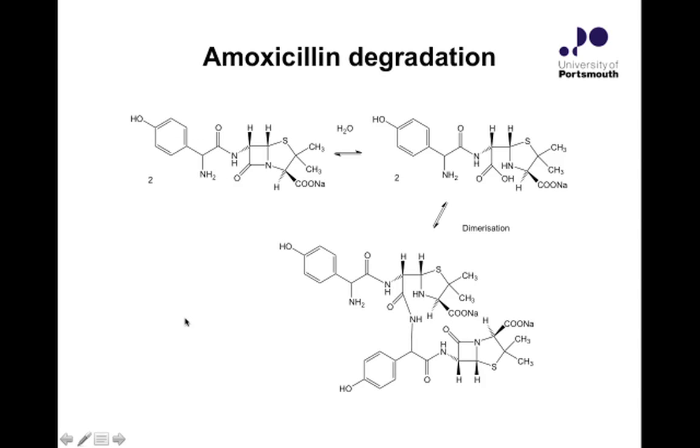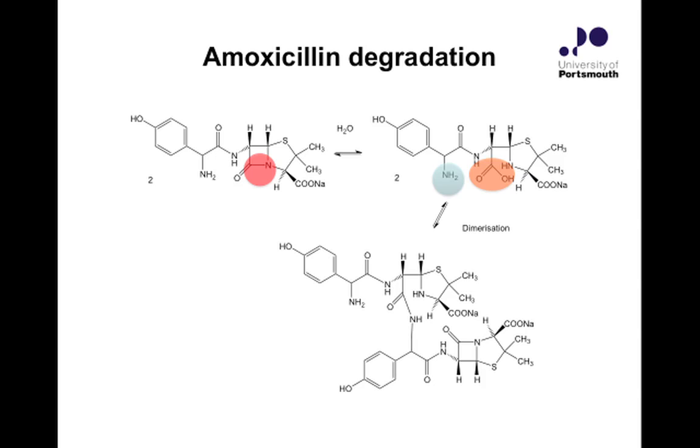Okay, so what we're going to look at now is amoxicillin degradation. We have an amide bond, as we've met previously in the penicillins, that can undergo hydrolysis, and when the molecule undergoes hydrolysis, it releases a carboxylic acid, the orange oval, and the presence of the amino group, which is in the light blue here.